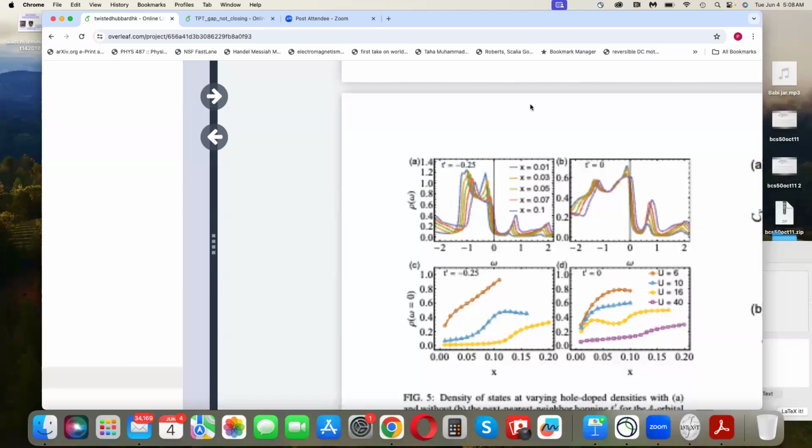Other question? In 1D, the charge gap opens as an essential singularity. If you look at what it does in 2D, is it also an essential singularity or something else?